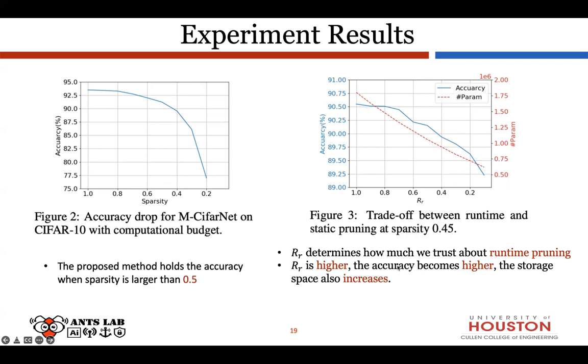RR determines how much we trust the runtime pruning. So according to this figure, with RR equal to 1, the accuracy becomes higher due to the more dynamic network flexibility, but the space of the parameter storage also increases. So this RR term can trade off the accuracy and storage. It can trade off the runtime pruning and the static pruning.